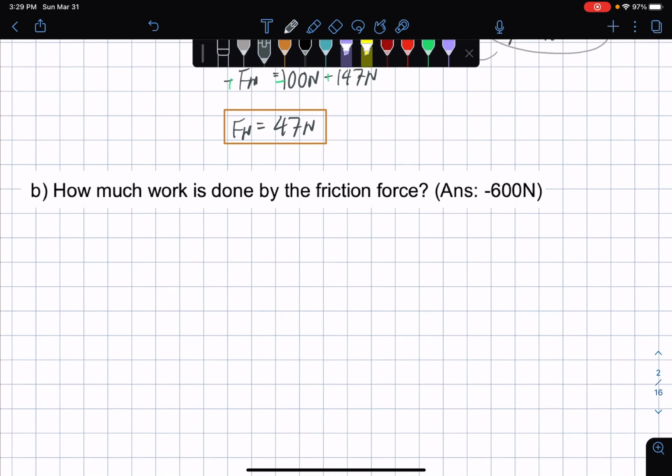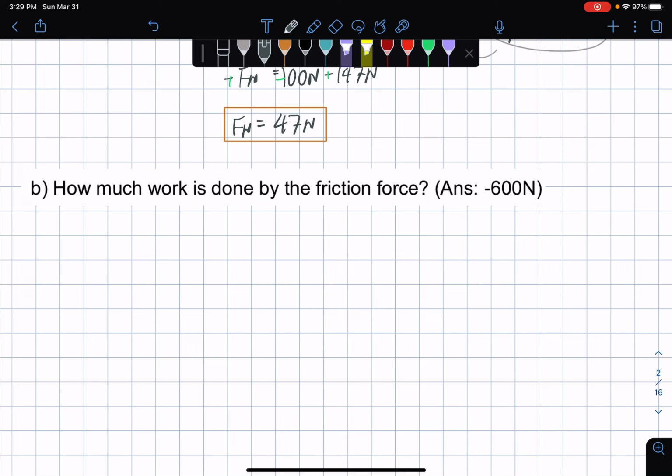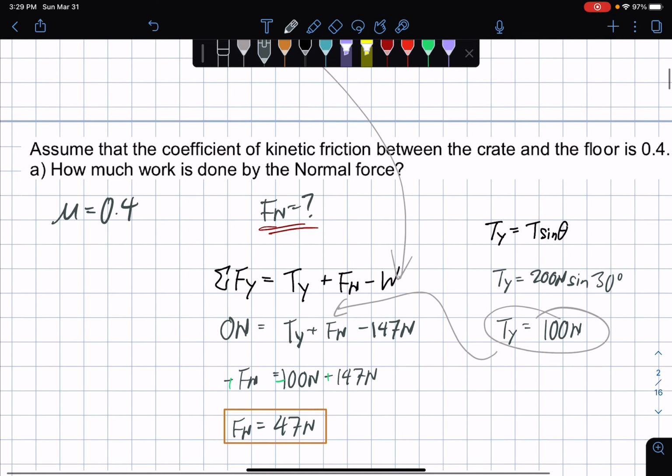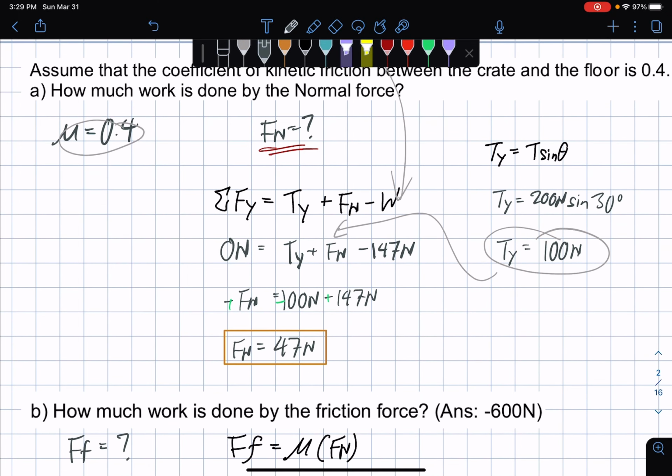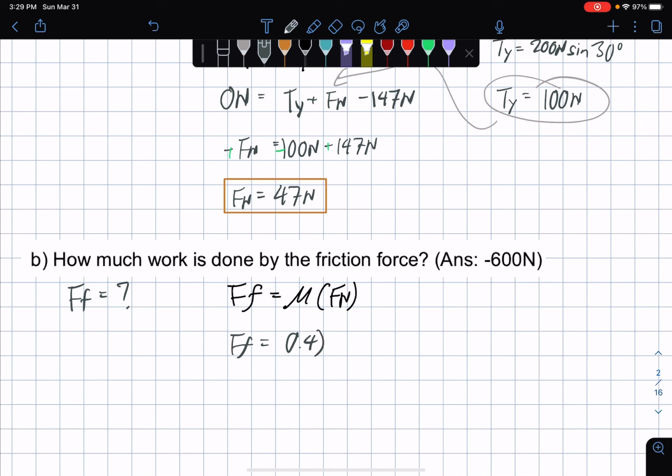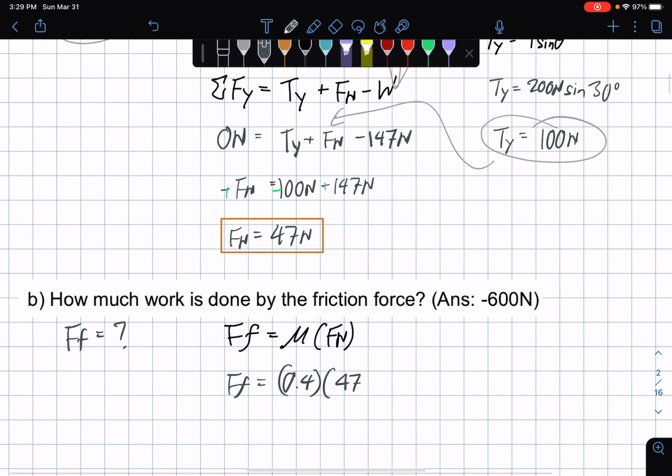Letter B. How much work is done by the friction force? So in other words, Ff is missing. We do know this formula. Ff is equal to mu Fn. So Ff is equal to mu, which is known to be 0.4. So 0.4 is put here. Fn is 47 newtons, right?